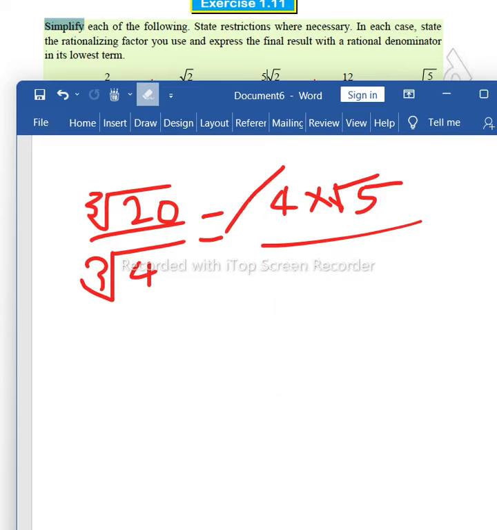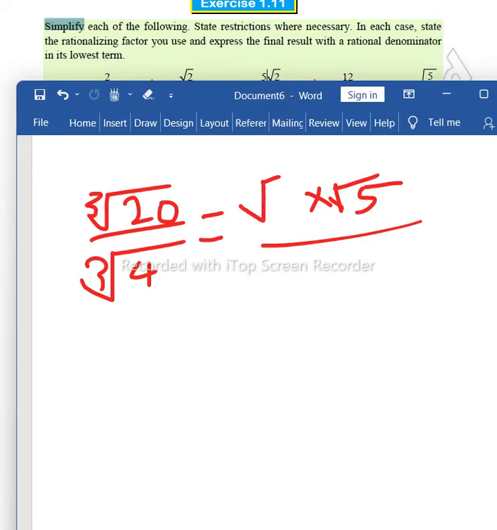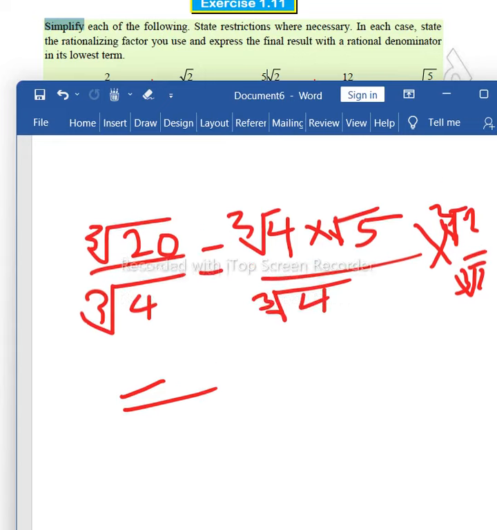We can also do this question by rationalizing the denominator. Here we have cube root of 4 in the denominator. To make it cube root of 8, we have to multiply by cube root of 2 over cube root of 2.